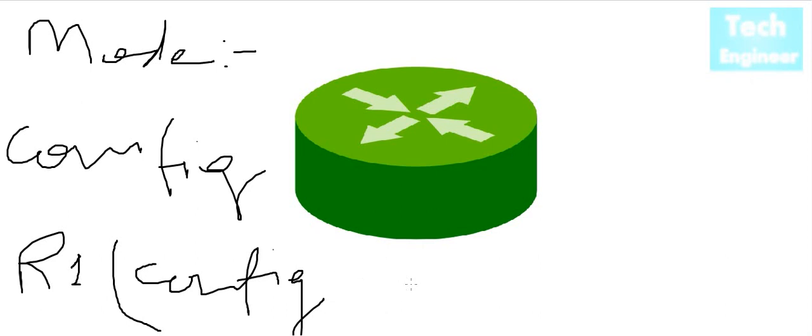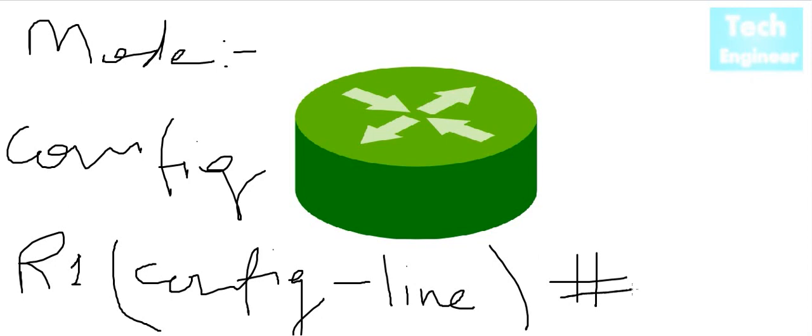If you go further, for example to configure a line, you will find the prompt changes like this. When something is written after a dash, it means you're configuring ports. Okay, so these are the basic modes.